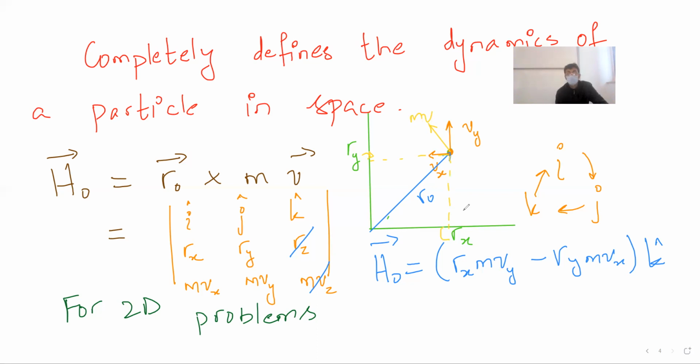So the H naught will be given as Rx Mvy minus Ry Mvx K. Now, students who are getting confused, why K unit vector? Because if this is happening in this plane, then you curl the fingers of the right hand, your angular momentum should be in the K direction. And for students who are getting worried why there is a negative sign here, you have to understand that the velocity is towards the left.